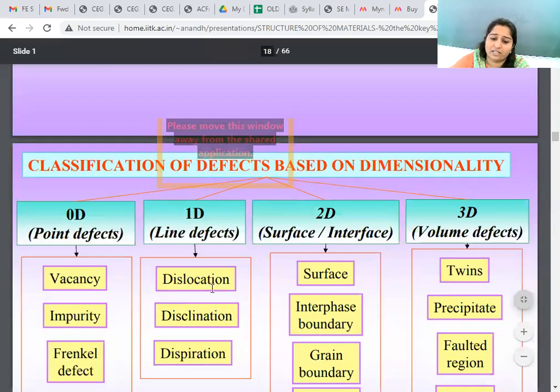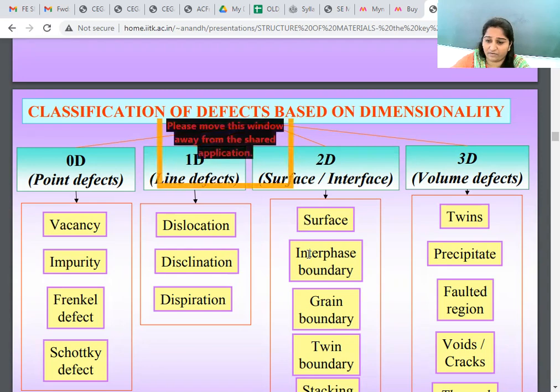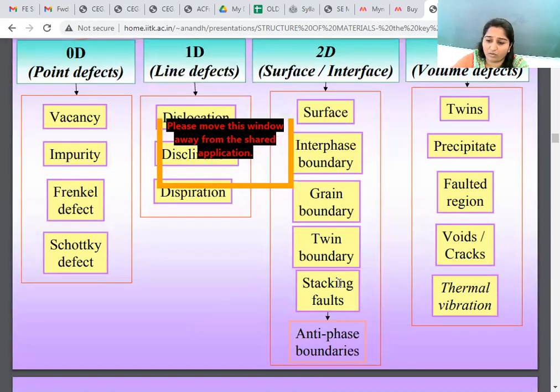In the 1D defects, there are dislocation, disclination and dispiration. These three are line defects. Now the 2D, surface or interface defects include surface defects, interface boundary, grain boundary, twin boundary, stacking fault and anti-phase boundaries.